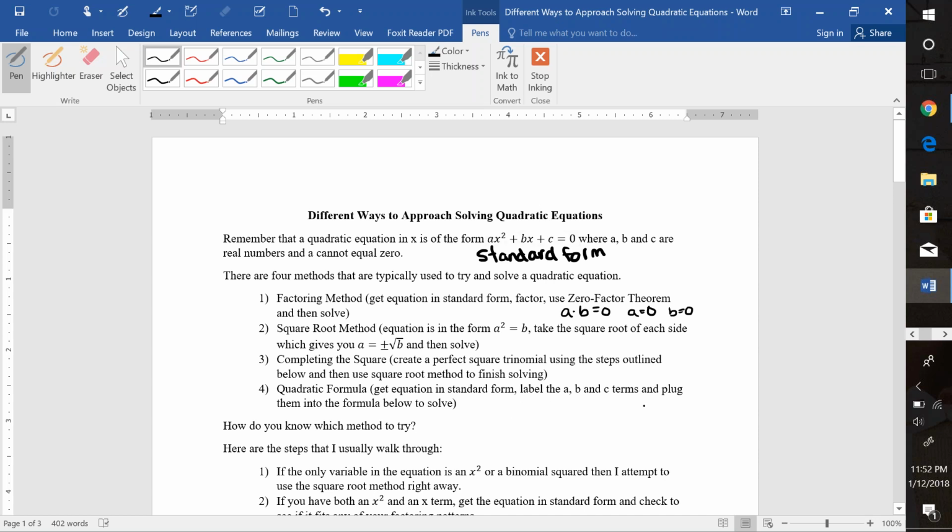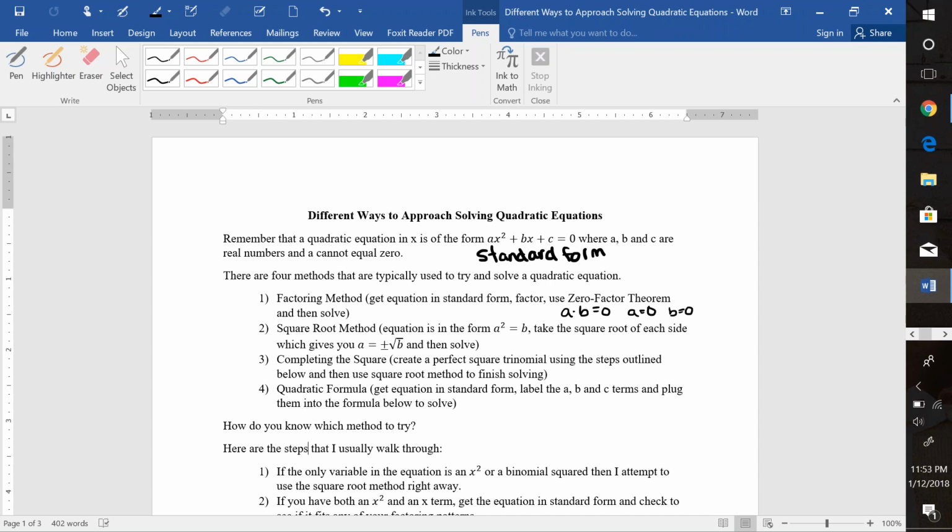You label the a, b, and c terms: a is always in front of x squared, b is in front of x, and c is the constant. And then you plug them into the formula below, which we're going to talk about in a second, and you solve it. And of course, you have to make sure your answer is in a reduced format, just like anytime you're dealing with fractions. Now, the big question would then be, how do you know which method to try?